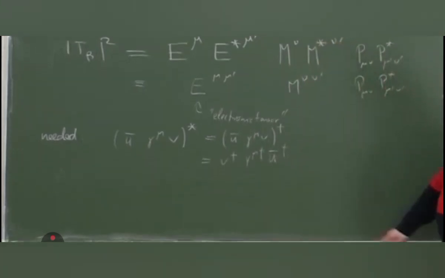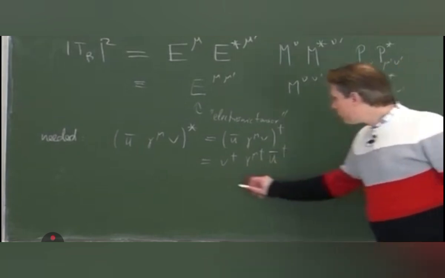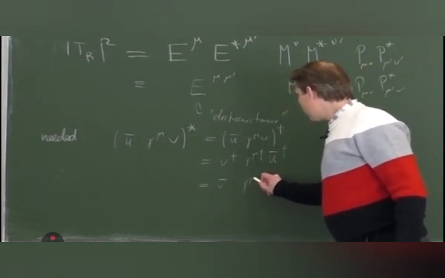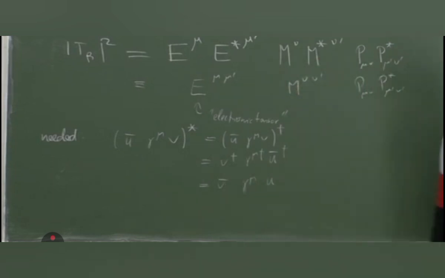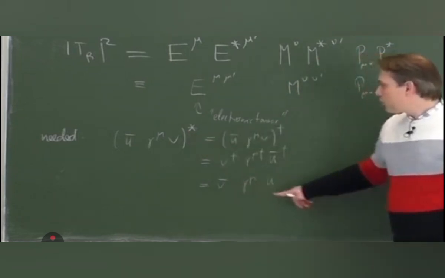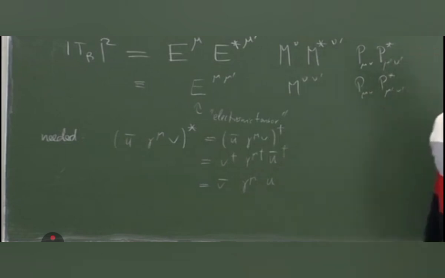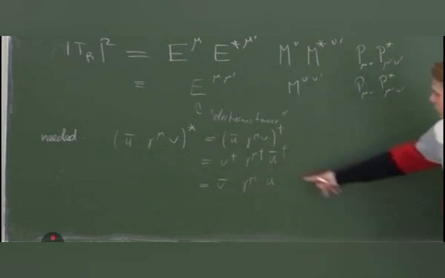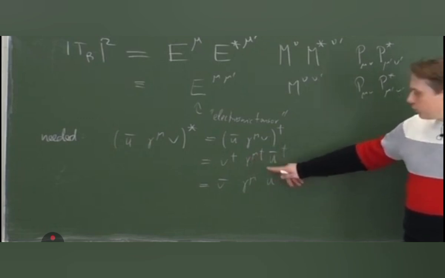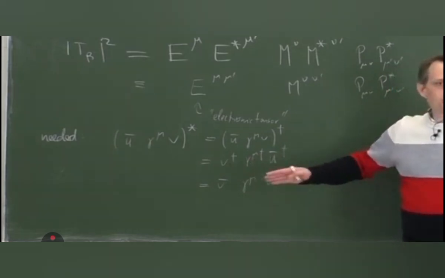Then we can insert gamma zeros, and then we see that this is actually the same as v̄ γ^μ u. And so the complex conjugate of such an expression can be easily evaluated if you know that relationship, that γ^μ† is connected to γ^μ by multiplying from the left and right with γ^0.